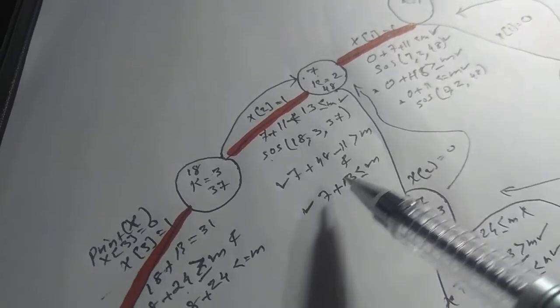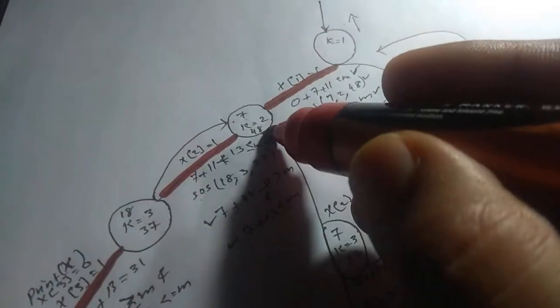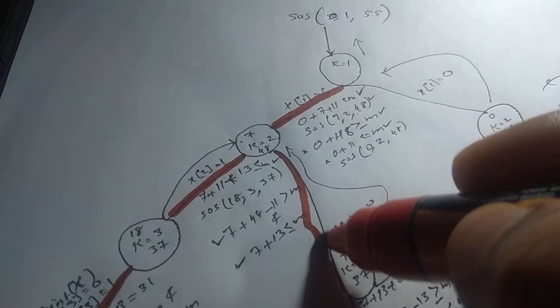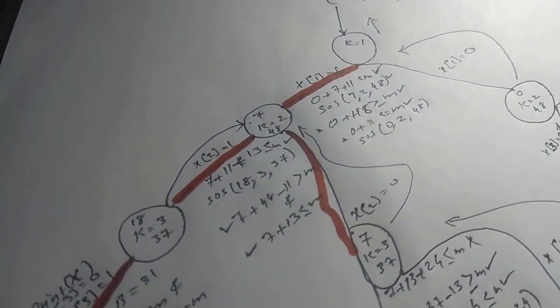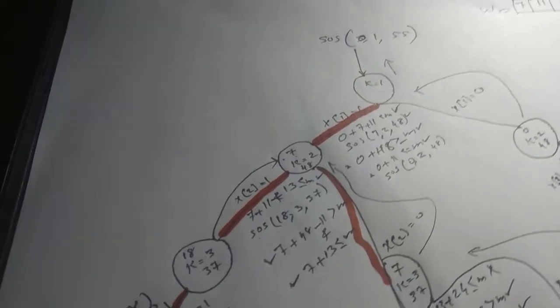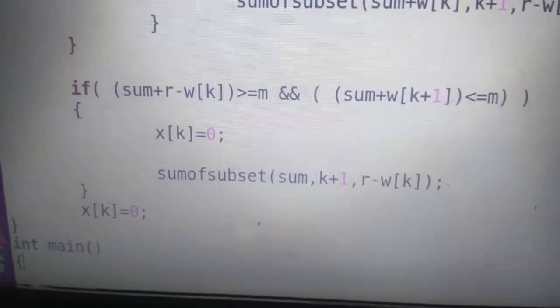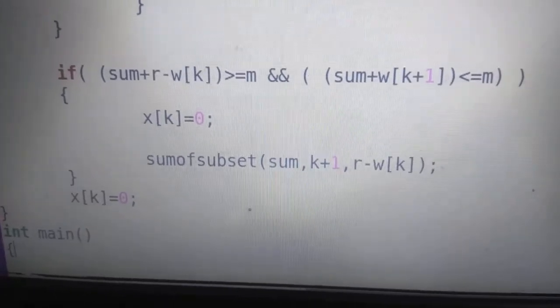Okay, then it is generating the right subtree. Then that condition is succeeded. Then what does it have to do very next? This condition is succeeded. It has to make xk equal to 0 and do sum of subset.